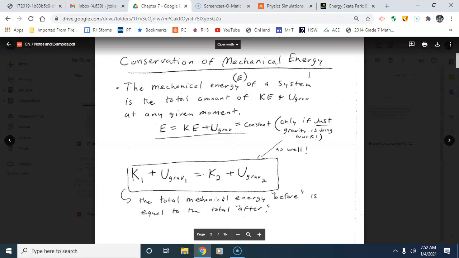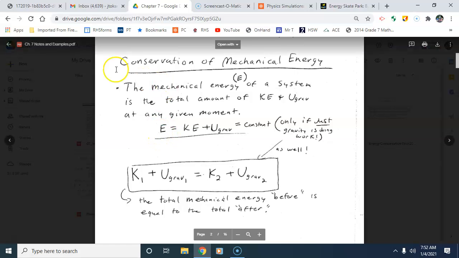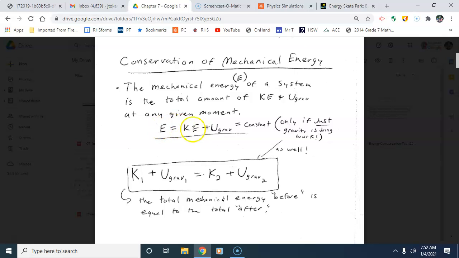So if at any moment during a particle's, an object's, travel, we would at that moment add up its kinetic, which is 1/2 mv squared if you recall, plus its potential, gravitational potential, mgy, that would be known as the total mechanical energy, or just the mechanical energy E of the system. Only those two types of energy currently do we care about in total mechanical energy.